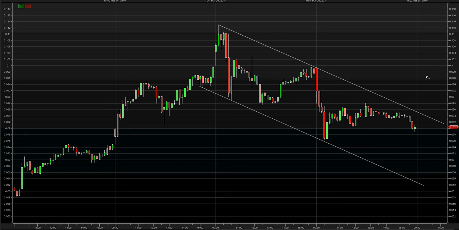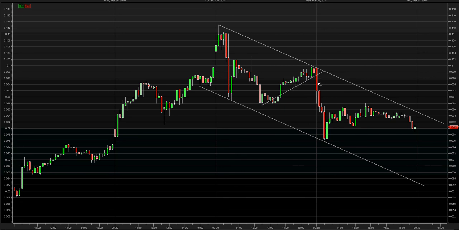Eyeballing this, I can also draw support within the correction. Let's do it here. I always like to draw my trend lines from lows. Let's project it here, and you can see this very short-term support, intraday support.